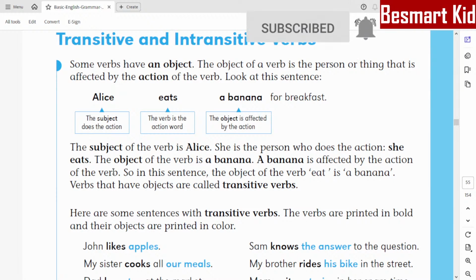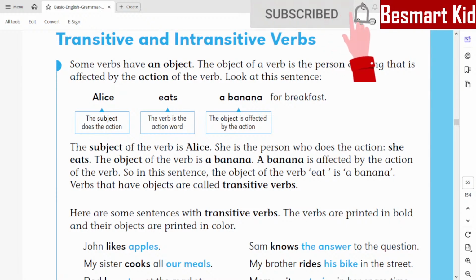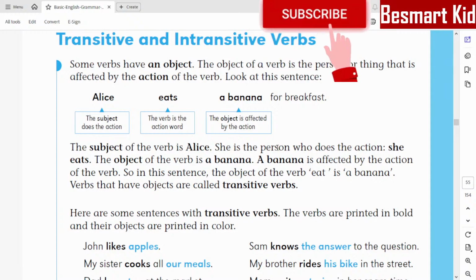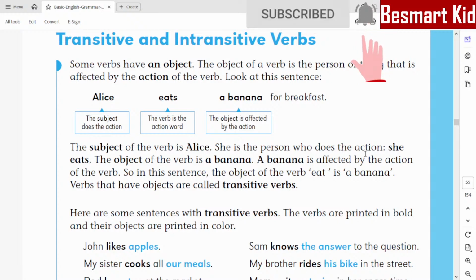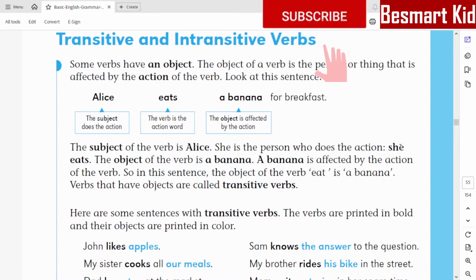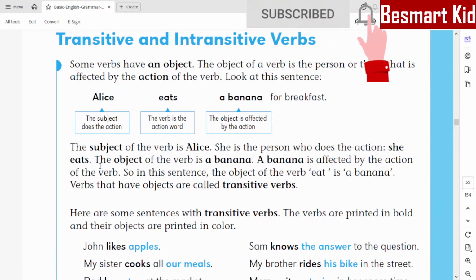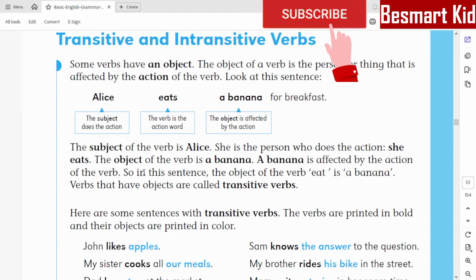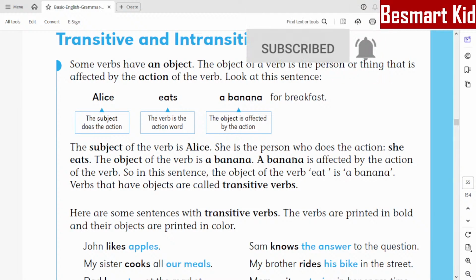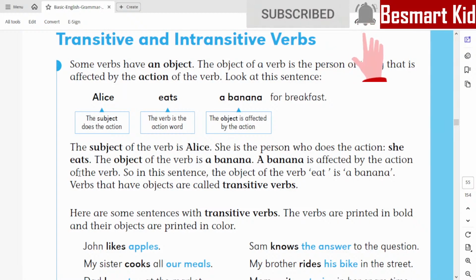So, the subject of the verb, Alice, is the person who does the action, and she eats. The object of the verb is a banana. A banana is affected by the action of the verb. So, in this sentence, the object of the verb eat is a banana.